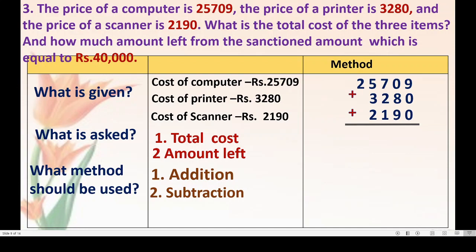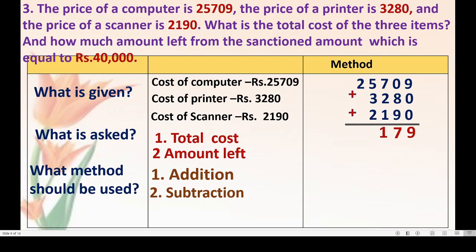9 plus 0 plus 0, that is 9. In the tens place, 8 plus 9, that is 17, isn't it? 7 we will write. 1 we have to remember. In the hundreds place, 7 plus 2 plus 1 plus 1, that is 11. So 1 we will write down and 1 is carried over. In thousands place we have to add that one, correct?